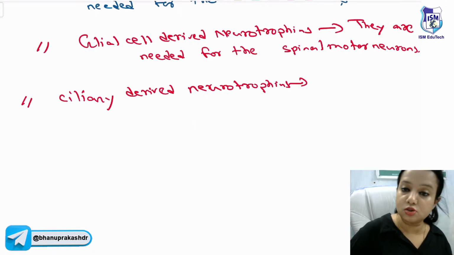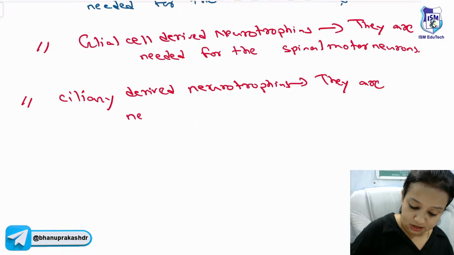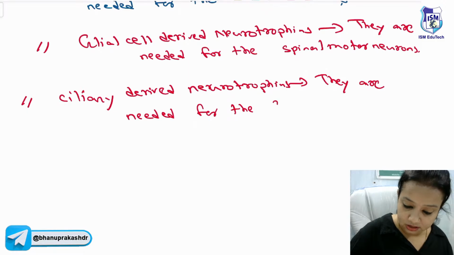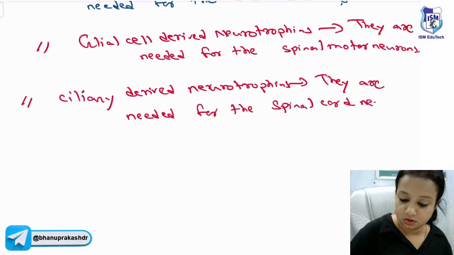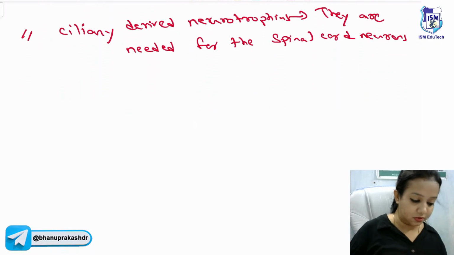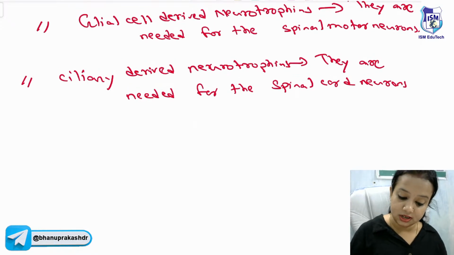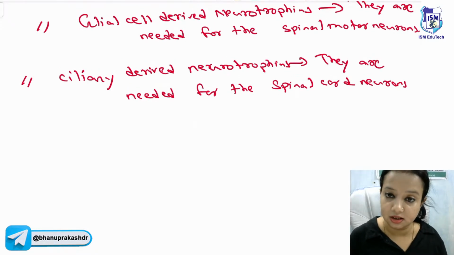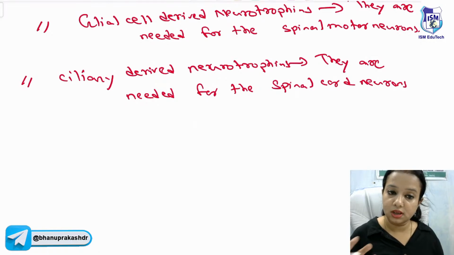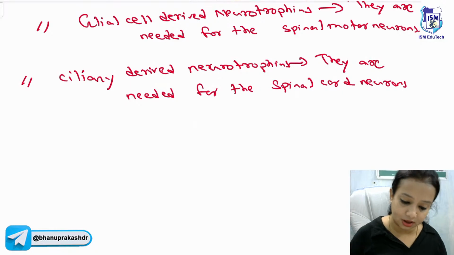Now, these neurotrophins are needed for the spinal cord neurons. So, these are different neurotrophic factors which are needed in different areas for the growth, development and nourishment of the nerve fiber.